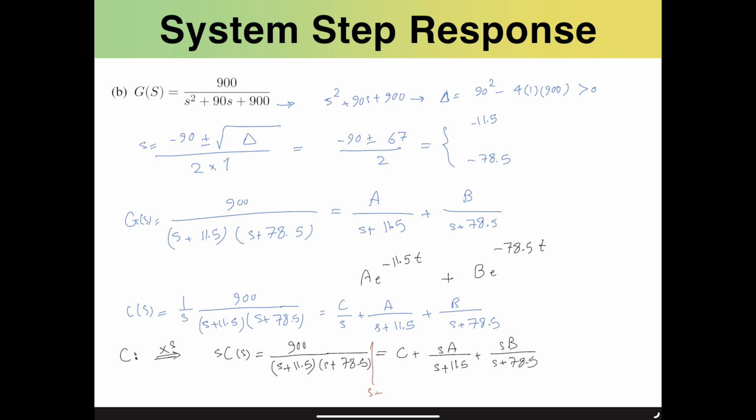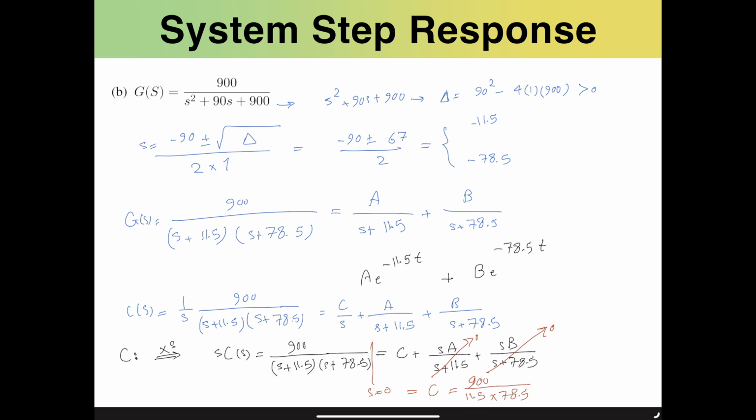So this term will go to 0, and the right side is going to be left with C. The left side is only 900 divided by 11.5 times 78.5. So I'm not simplifying that further, but I'm giving you the idea of how to find C in this case, for instance. The same approach is going to be applied to find A and B in this example.